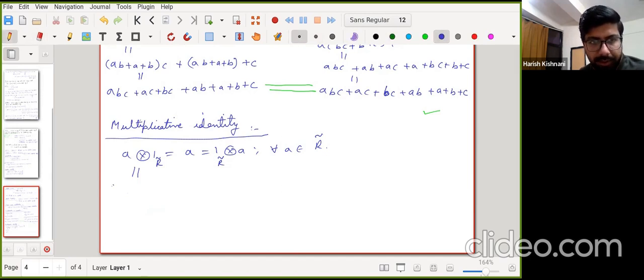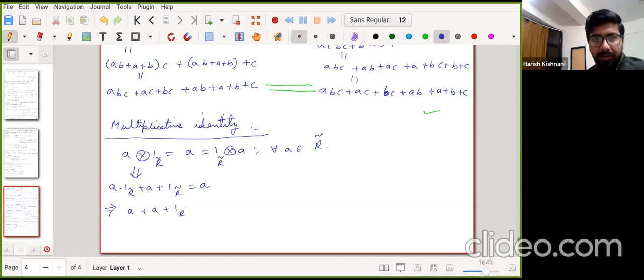So I should write it again as A dot 1 of R tilde plus A plus 1 of R tilde, and that is going to be the same as A. So this implies that A multiplied with 1 of R tilde in the ring R, that is going to be A plus A plus 1 of R tilde is equal to A, if I'm not making any mistake.